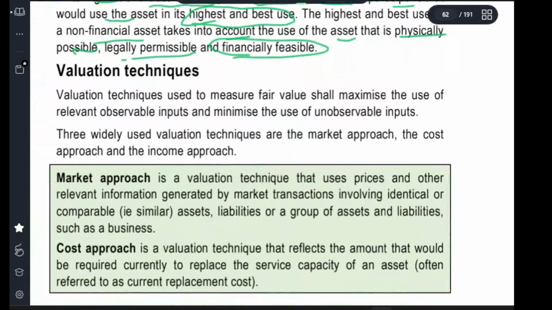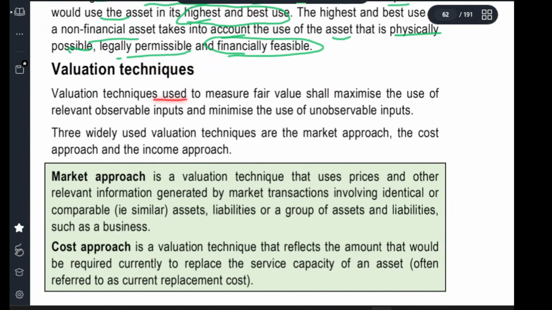Valuation technique. The valuation technique used to measure fair value shall maximize the use of relevant observable inputs and minimize the use of unobservable inputs. So when we value something, it should be valued based on the available observable inputs, and we should minimize the use of non-observable inputs.